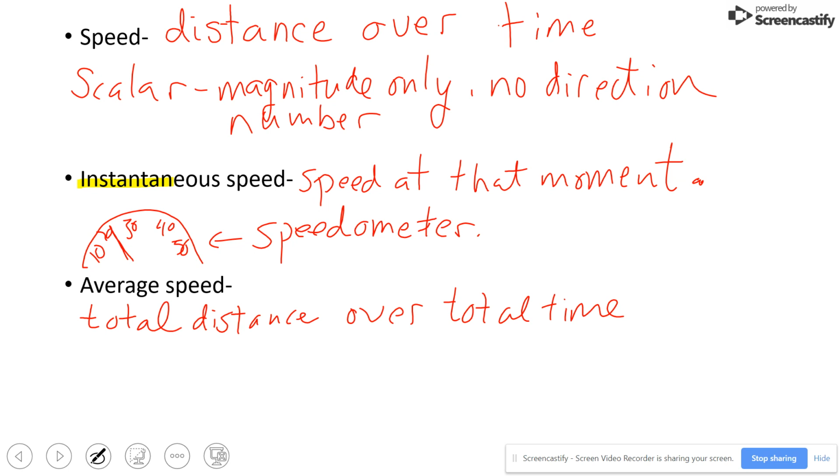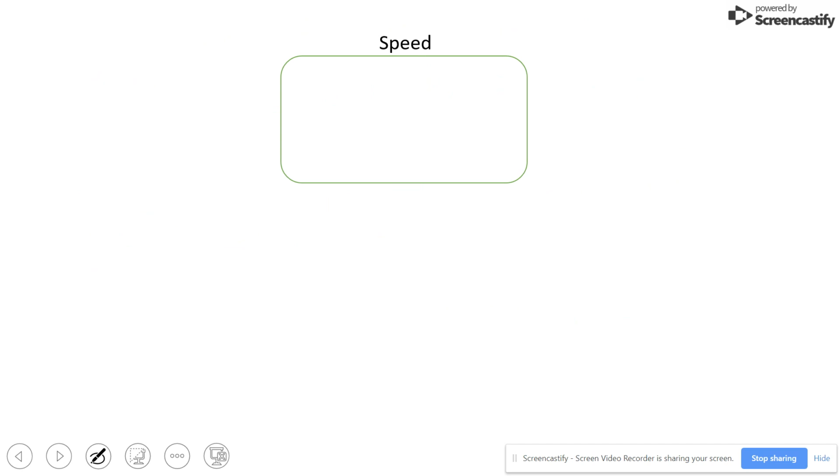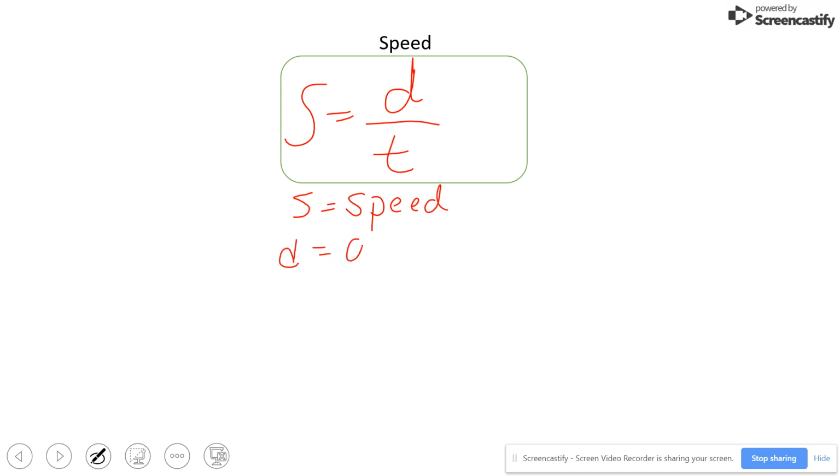Okay, so if we look at the next part. If you look to your right, our formula for speed, s equals d over t, where s is your speed, d is distance.